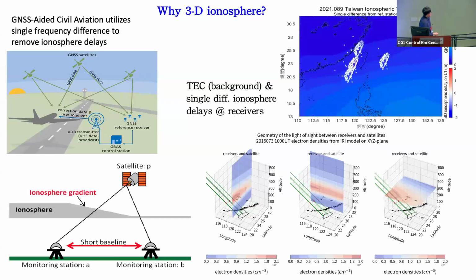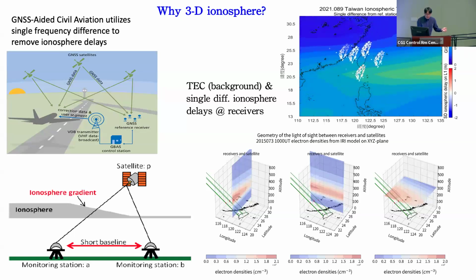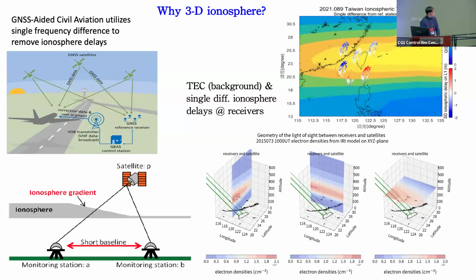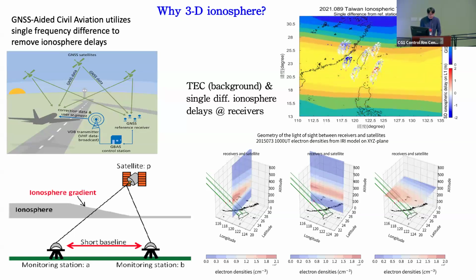Okay, so why do we need the 3D ionosphere? Because the GBAS airport, the aviation, utilizes the single frequency differences to remove the ionospheric delays. But we both know that the ionospheric delay is highly dependent on the gradient in the ionosphere.